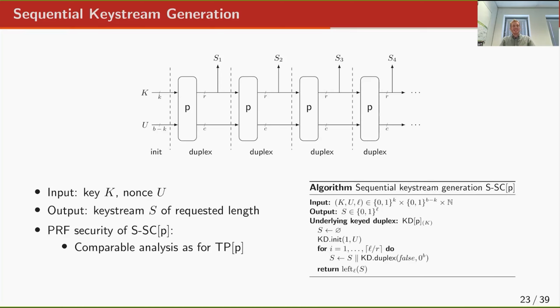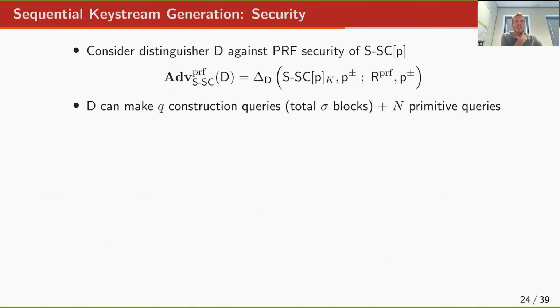And the security analysis is comparable, but the resources slightly differ. And to see this, we also want to have PRF security of this one. So we have the PRF security of the sequential stream cipher. It's just the distinguishing advantage, the distance between the sequential stream cipher based on a permutation from a random function RPRF with the same domain and range as the sequential stream cipher.